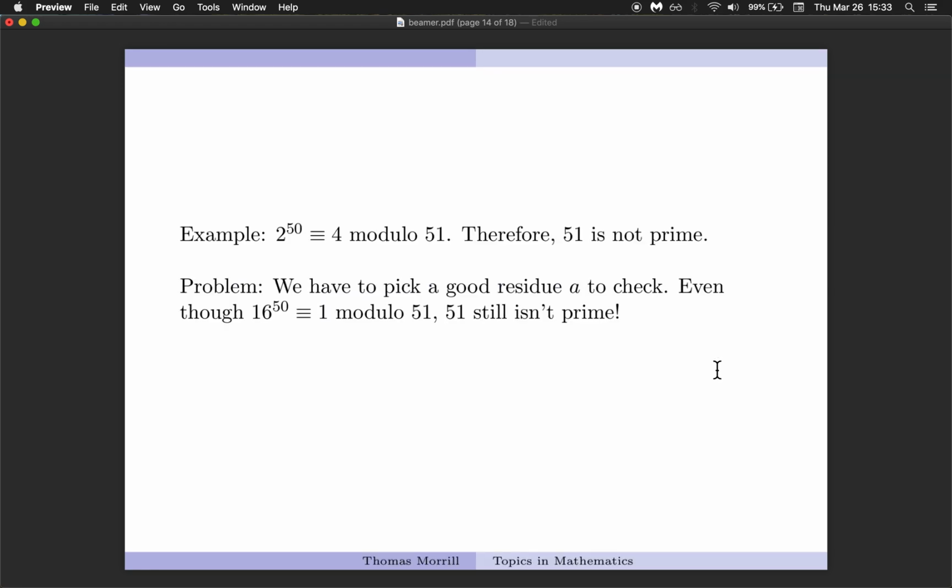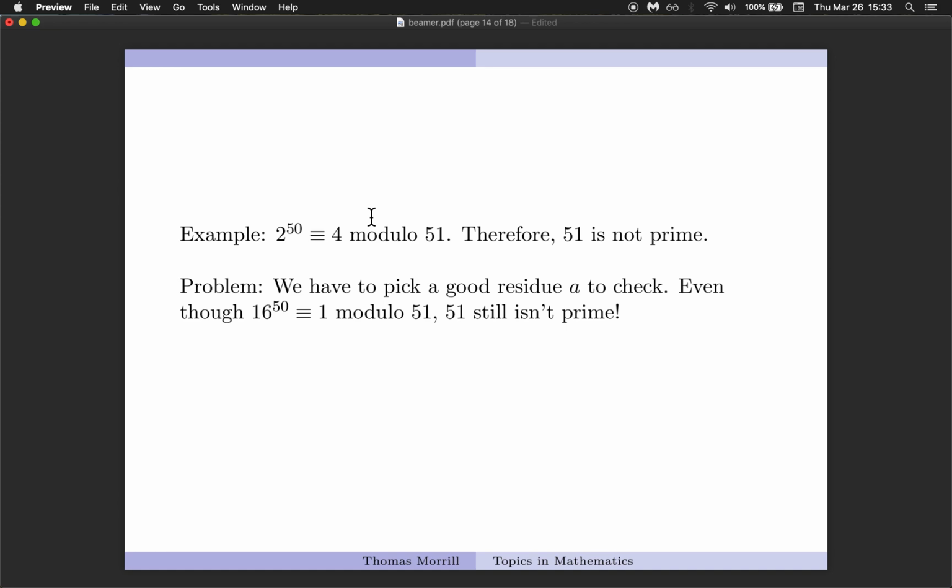Let's check. So I'm going to look at the number 51. That's the number I'm going to test. I know that 51 minus 1 is 50, so that's the exponent I'm going to use. And I'm going to check the number 2. And when I calculate 2 to the power 50, modulo 51, I get 4. I didn't get 1.